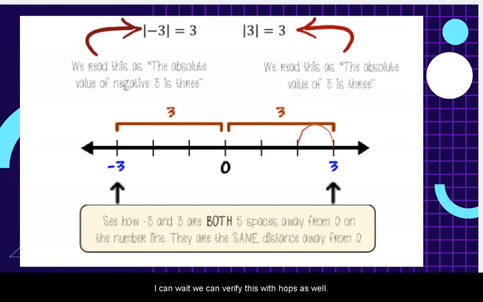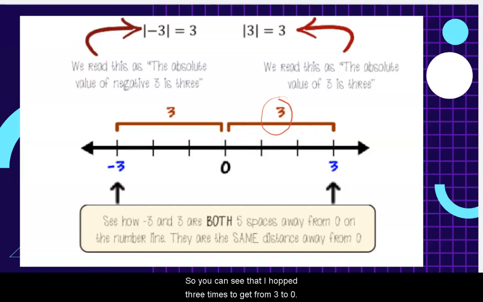And we can verify this with hops as well. So you can see that I hopped 3 times to get from 3 to 0, and I also hopped 3 times to get from -3 to 0. See how -3 and 3 are both 3 spaces away from 0 on the number line.